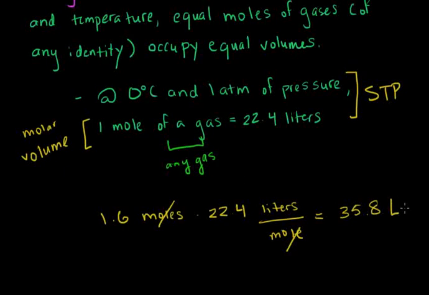Whenever you're given the moles of a gaseous sample at STP, you can always figure out the volume of that sample regardless of identity using this 22.4 molar volume. You'll memorize this number. I strongly recommend that you devote some time to memorizing it, because you can always use the 22.4 to figure out the volume of any gaseous substance at STP.